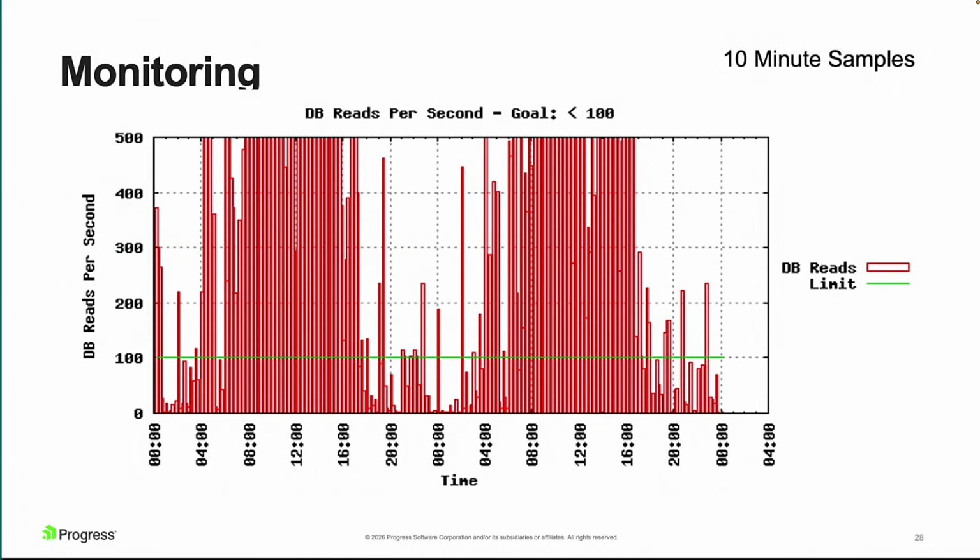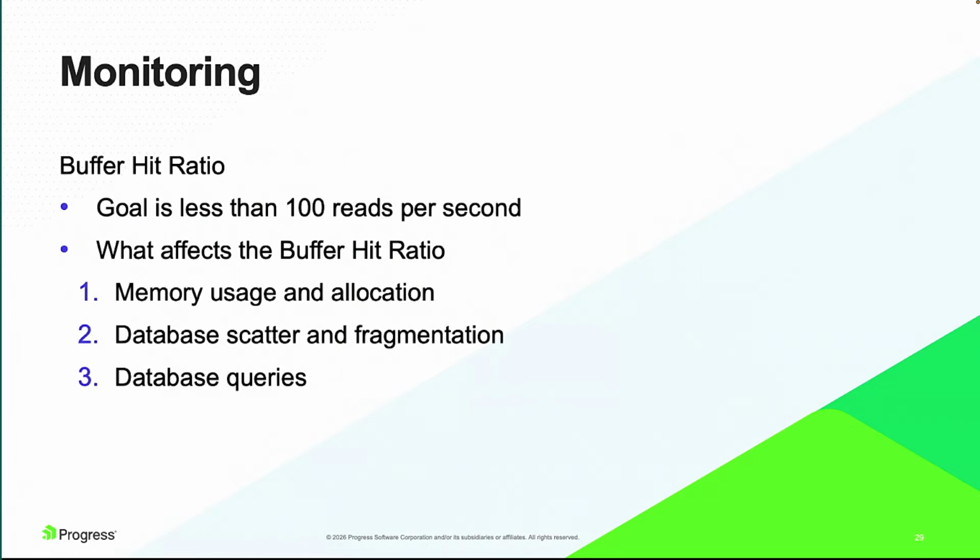So how do we fix this? To fix your buffer hit ratio, I've said already, you want to have 100 reads per second or less. There are three things that affect the buffer hit ratio. Memory usage and allocation, that's your buffer pool, right? Those things you're moving from disk into memory. So how can we do more of that and have more in memory at a given time?